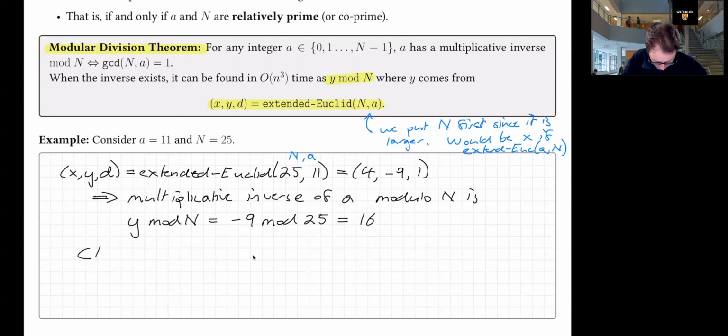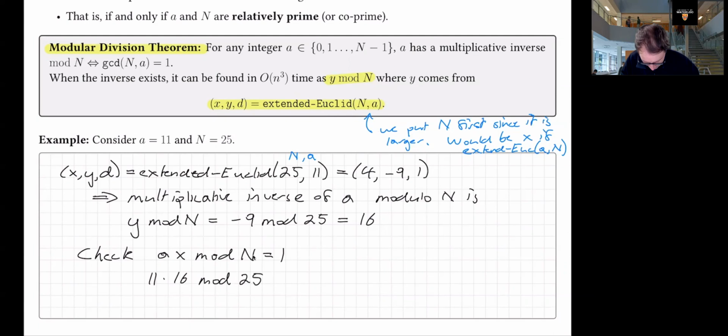And we can check this. So if I want to check ax mod n equals 1, the numbers that I have are a is 11 times 16 mod 25. And we know that's true if and only if 11 times 16 minus 1 divided by 25 is an integer.